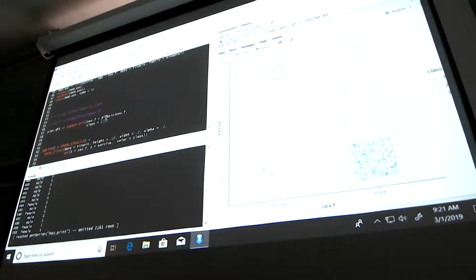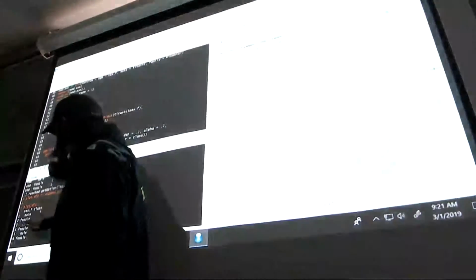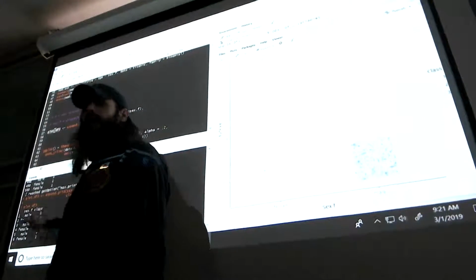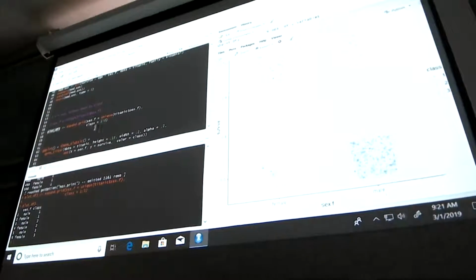Instead, if we put unique, then there's only two values for sex.f. And so now when we look at our plot df, it gives us what we're looking for, which is male first class, female first class, male second class, female second class. So now we have the start of our plot data frame for our predictions.